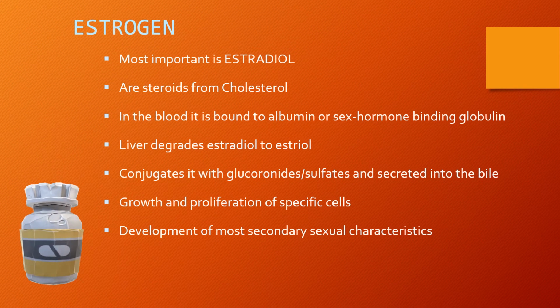So the most important form of estrogen will be your estradiol, and these are all steroids that are derived from cholesterol. In the blood, it's bound to albumin or sex hormone binding globulin, or your SHBG, and the liver will degrade estradiol to estriol and conjugate it with glucuronide or sulfate and secrete it into the bile.